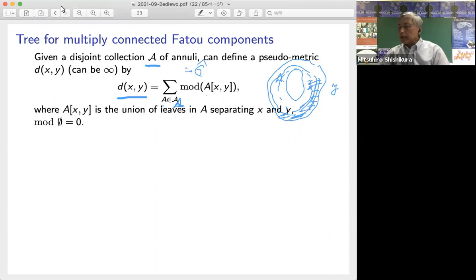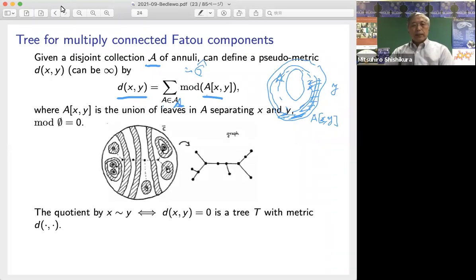So you just take the modulus of this partial annulus, or if it's empty, you just say it's 0, and take a sum over all annuli from this disjoint collection. So take the quotient by introducing the equivalence relation that d(x,y) is equal to 0 if and only if x and y are equivalent. Then what you get is essentially a tree with the metric introduced by this one.